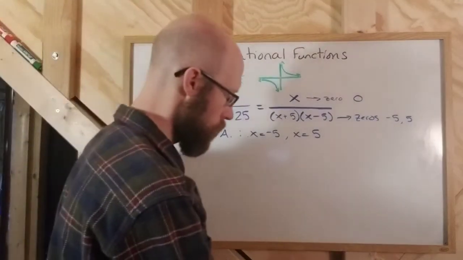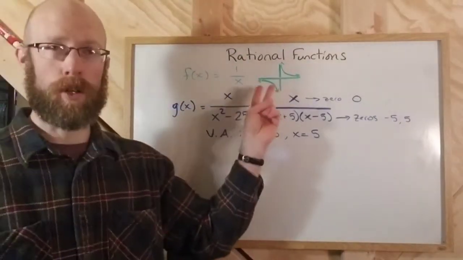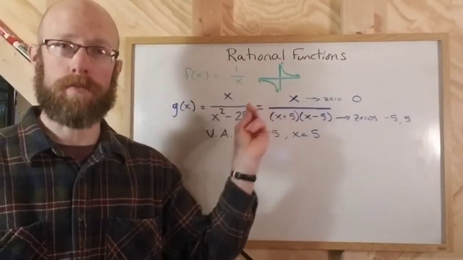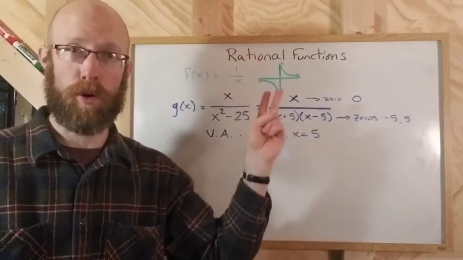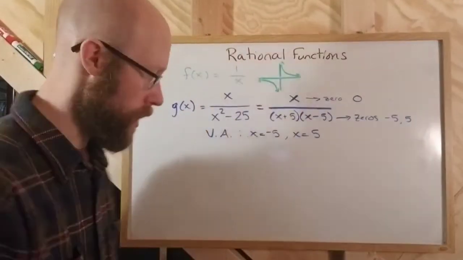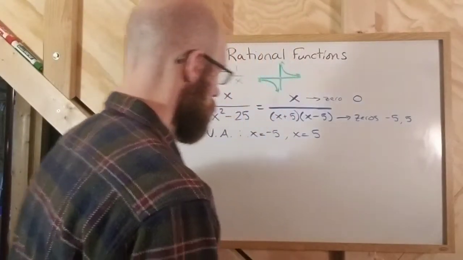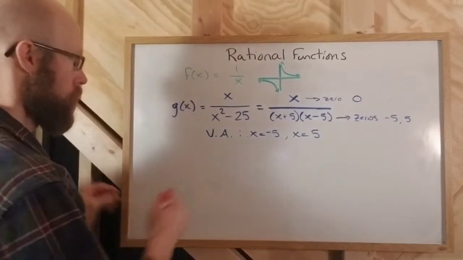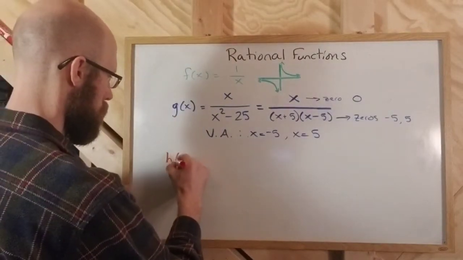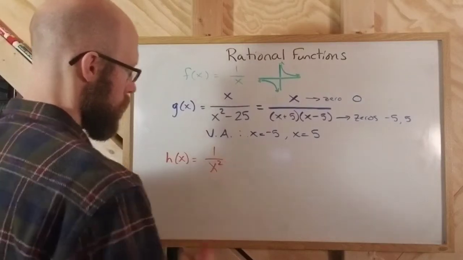Now that's not always going to be the case. There are times where your graph might approach the asymptote in the same direction, either both sides going up or both sides coming down. Let me show you when that could occur. A very basic example would be something like 1 over x squared.